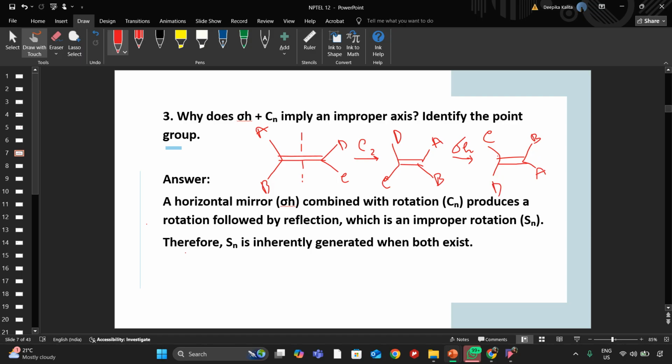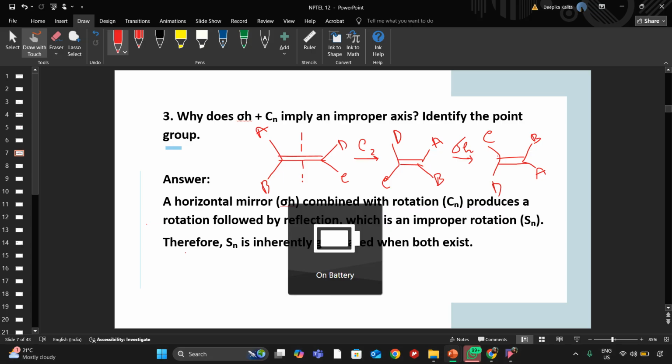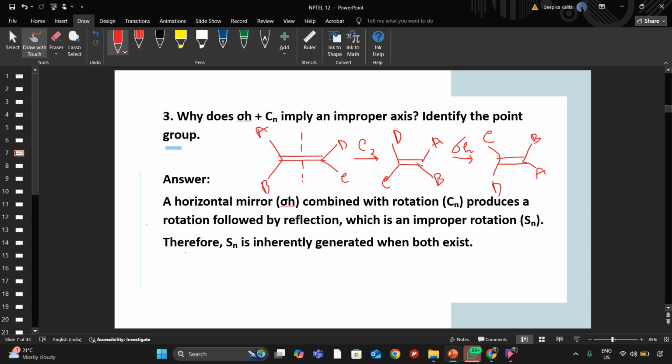So we have performed C2 and sigma h together on this molecule, which is nothing but the improper axis of symmetry S2 on the molecule.